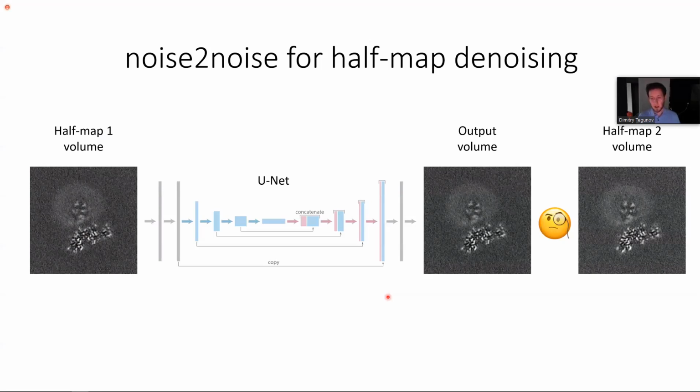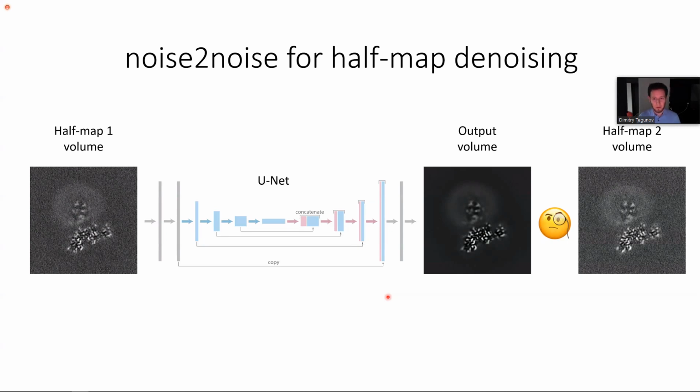And as we train it, it learns not to just generate the average of those two half maps because there are just not enough parameters in this deep learning model. Instead, it learns to denoise the map, which is a very nice side effect, which I did not expect when I first started this. And the denoised map is also very smoothly filtered to essentially the local resolution.